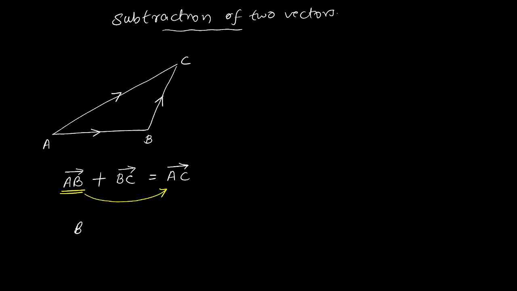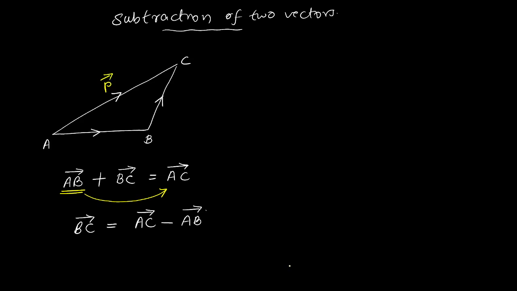So what is BC then? AC is already on the right side, and AB goes to the other side. So BC equals AC minus AB. Let me give some names. I don't want to use ABC.